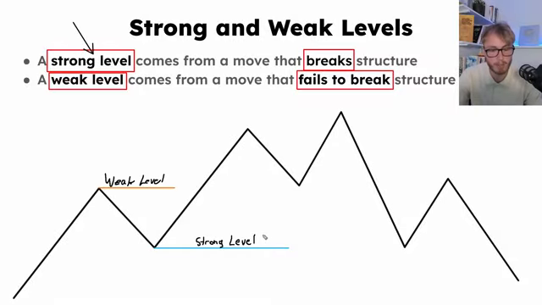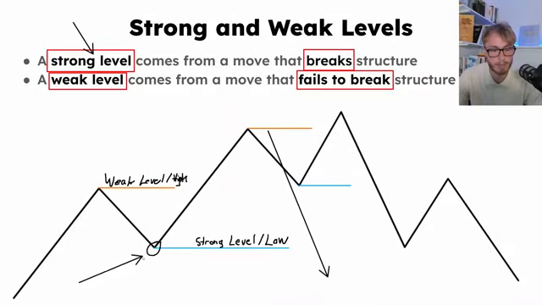And some traders will also call this right here a strong low because it comes from a low, and they will call this right here a weak high because this right here is a high. And for the same reason, this right here is yet another strong level or strong low because this move broke the previous high. And here we have another weak level because in order for this level to be strong, this move needs to push below this low right here.